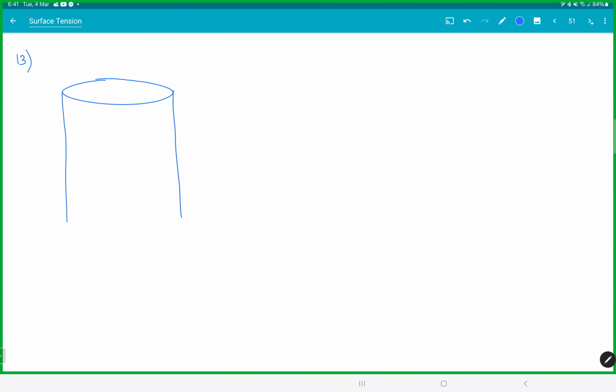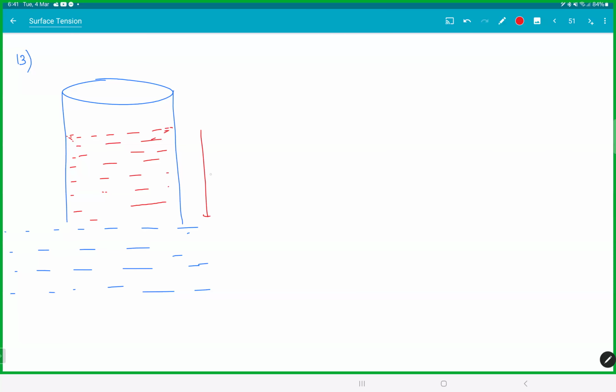We have a capillary. The liquid went up like this to a height h. The radius of this capillary is a.